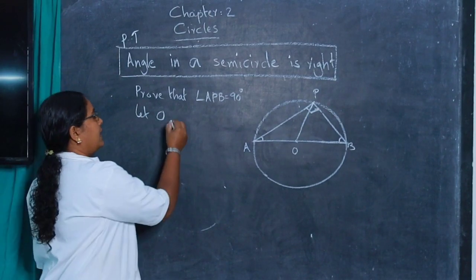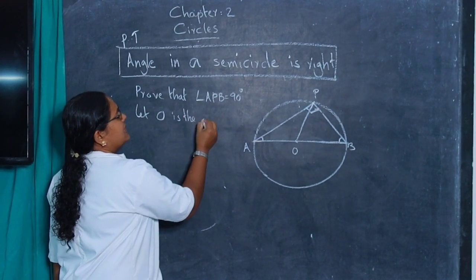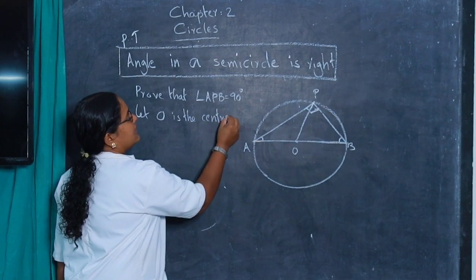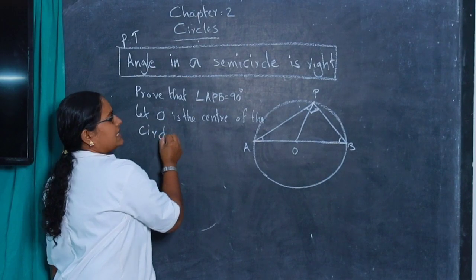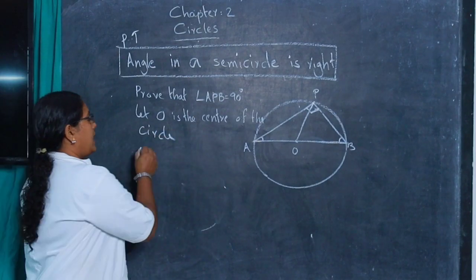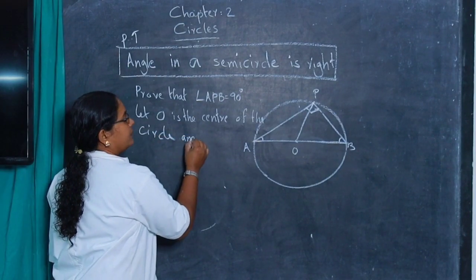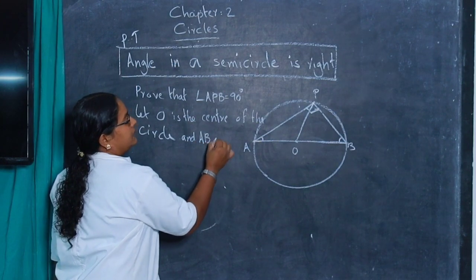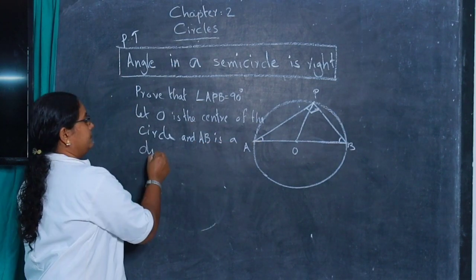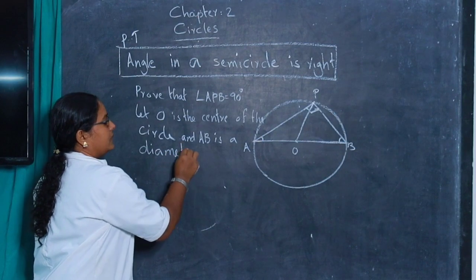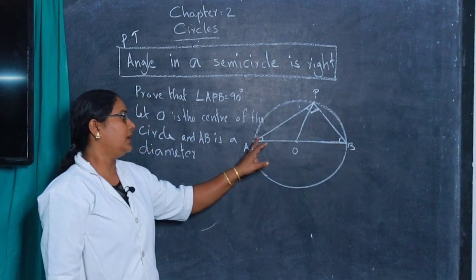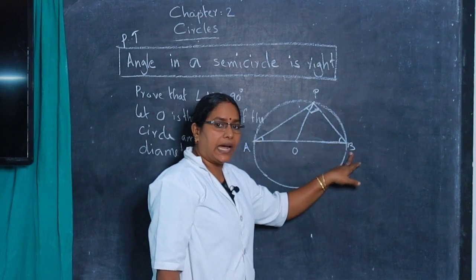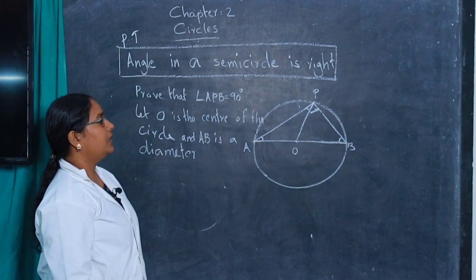Let O be the center of the circle, and AB is a diameter. O is the center of the circle, and AB is the diameter of the circle.